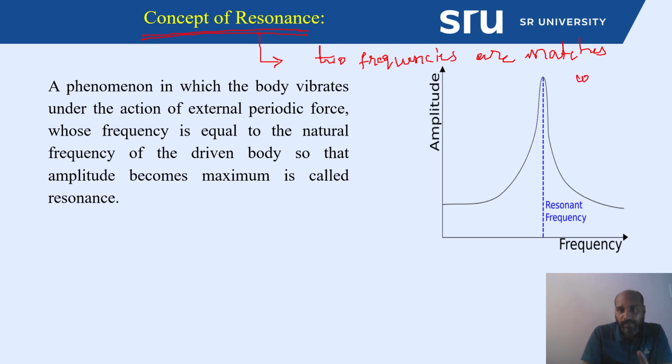One is omega, the natural frequency. Natural frequency means that if there is no damping force and no external periodic force, the frequency of oscillations is only due to the internal force. The frequency of oscillation is omega, the natural frequency. And here we define one more frequency, which is p, the frequency of the force.